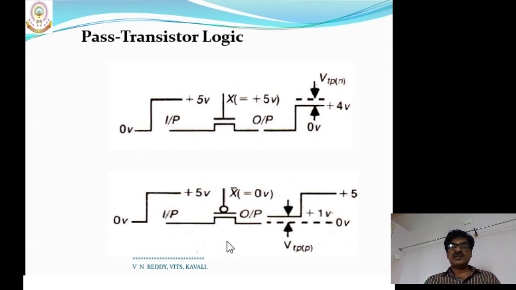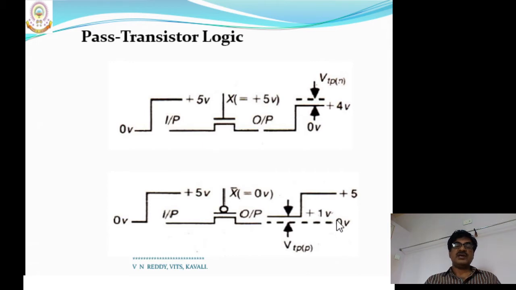Similarly, if you observe in the PMOS transistor, with reference to logic low, instead of getting 0 volts, we are getting 1 volt. But with reference to logic 1, exactly whatever the input voltage we have, the same amount we can get at the output. So these are the voltage degradations.